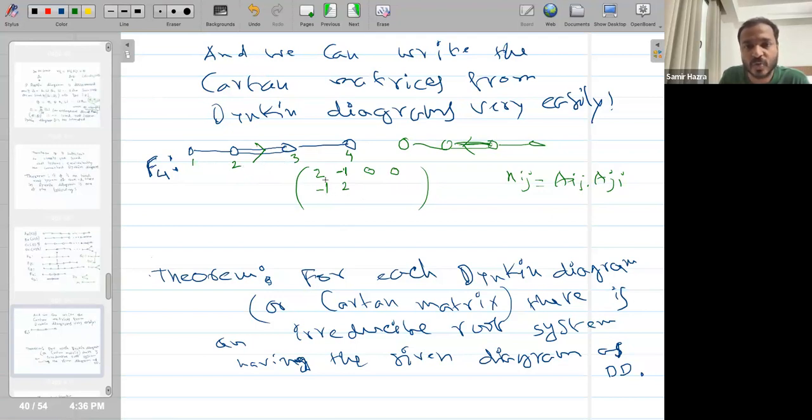2, 3, there are 2 edges. So the product of this entry and this entry must be 2. But which one is what, right?